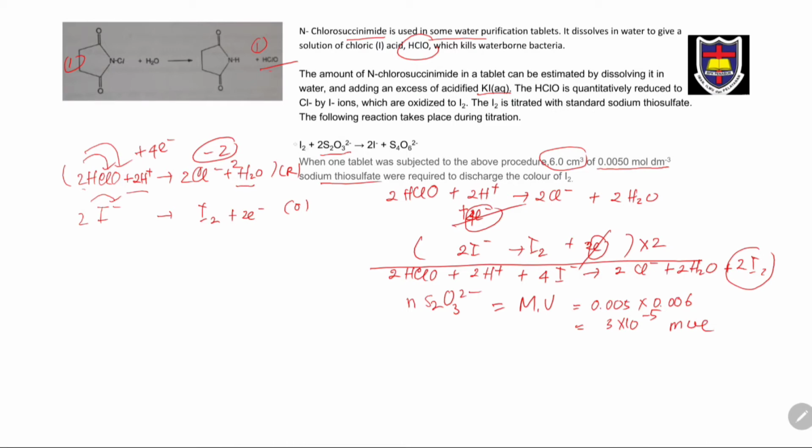Use this equation. Then we find out the I2 is 1 over 2, because the ratio is 1 to 2, times 3 times 10 to the power of minus 5 mole. So the number of I2 is 1.5 times 10 to the power of minus 5 mole.